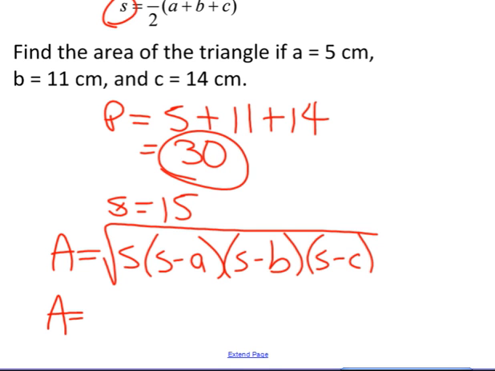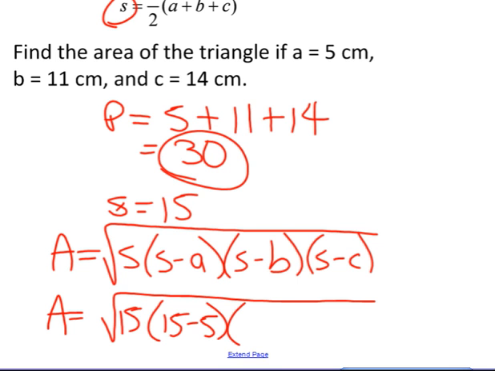So square root, S is 15, so we have 15. 15 minus 5, we have 15 minus 11, and we have 15 minus 14.